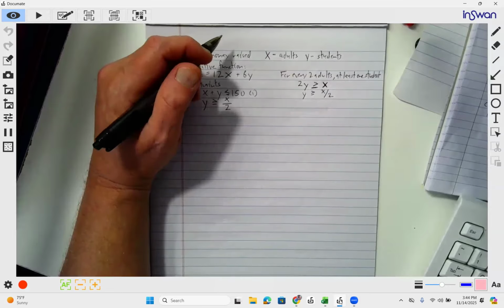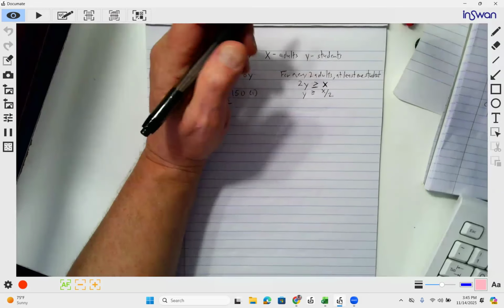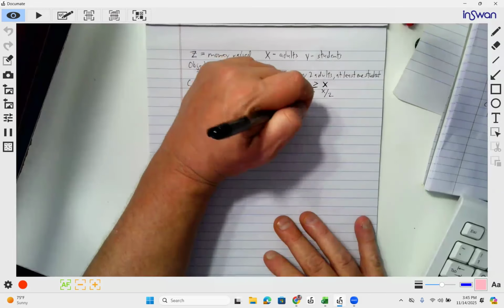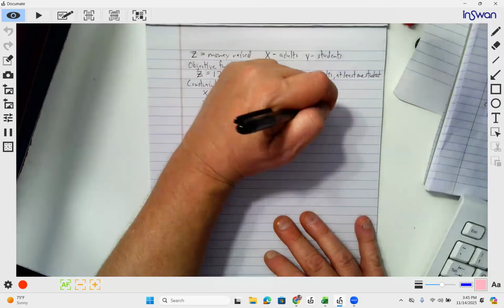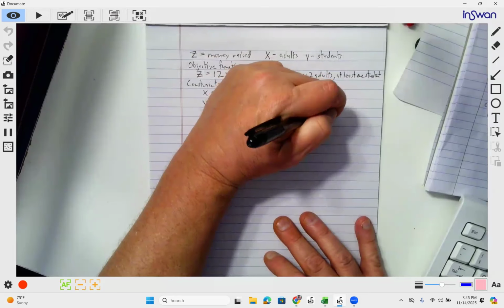If I had 3 adults, I'd have to have, so let's go with it. Let's just say 6 adults. So let's say I had 6 adults, right? So if I got 6 adults, adults are X, I have to have at least 3 kids. 3 students, right?